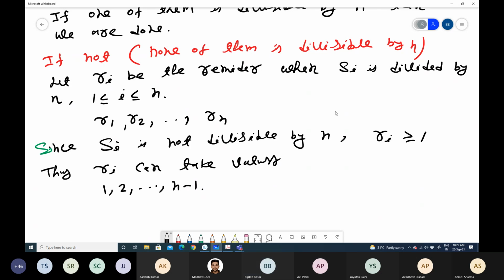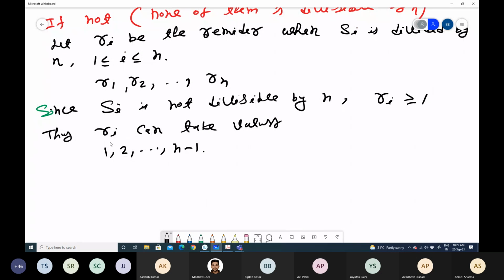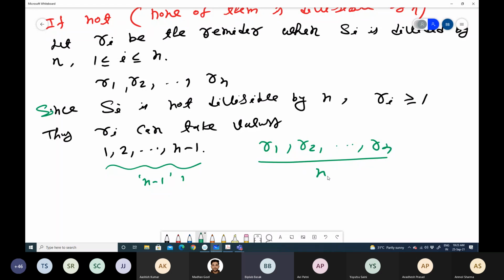That is n minus 1 total numbers, and you have R1, R2 up to Rn, which is total n.